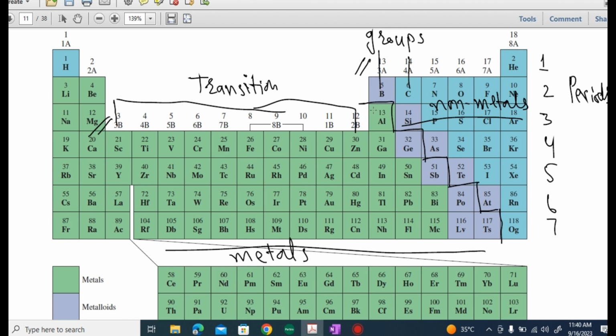Next, the elements which are touching this staircase, other than aluminium, are metalloids.